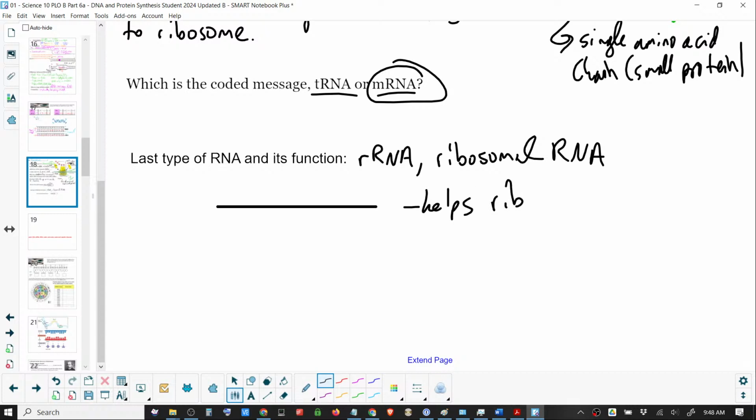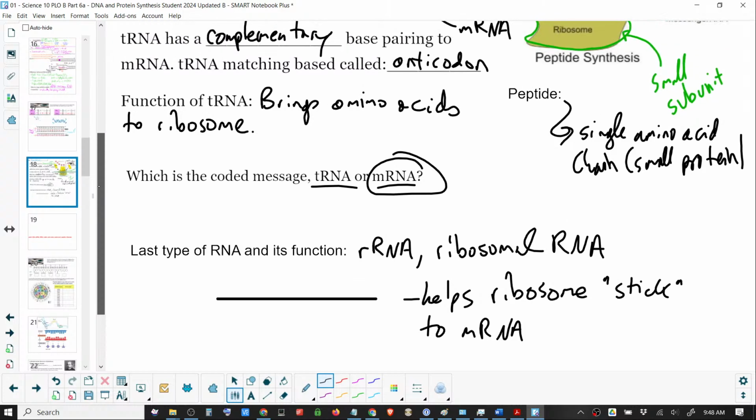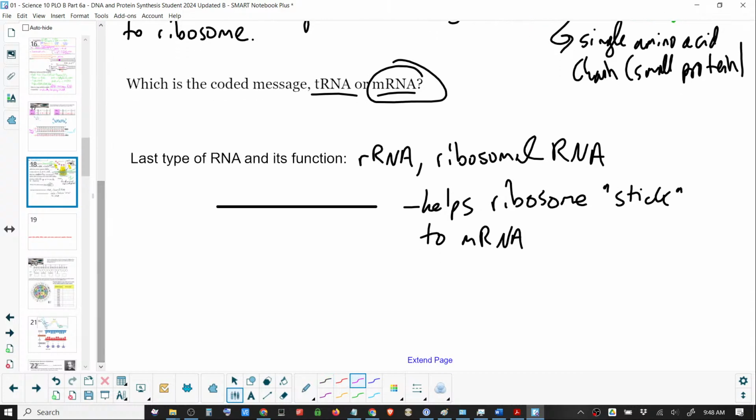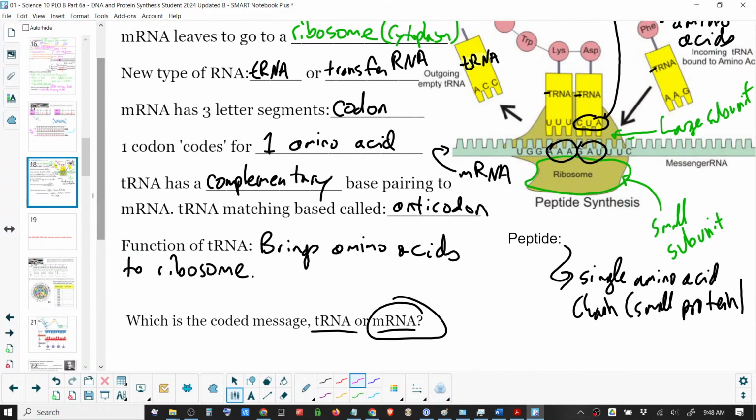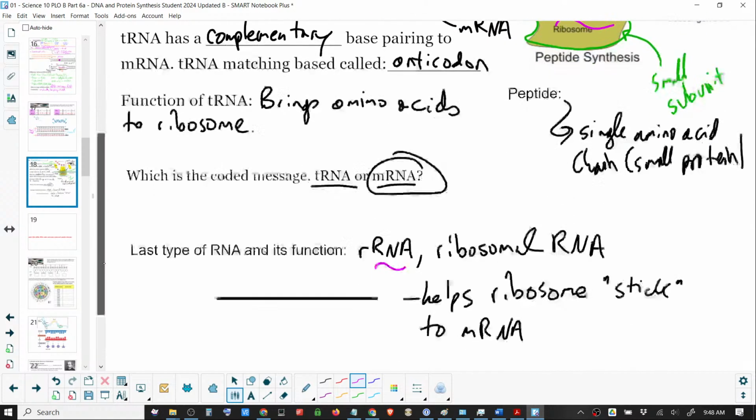It helps the ribosome, and it just helps the ribosome stick to the mRNA. So if we were to represent it as a little pink line, in the ribosome, you would have this little bit of RNA in there that's helping it stick.